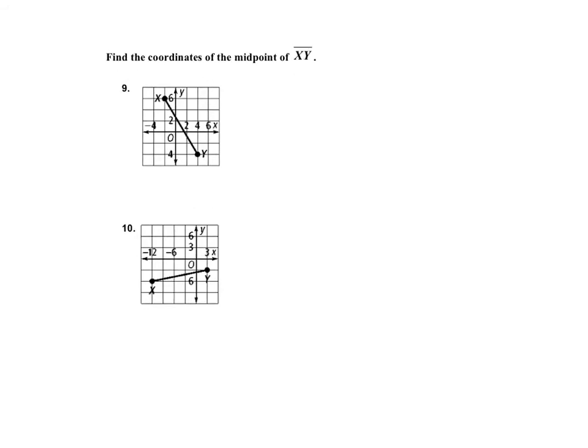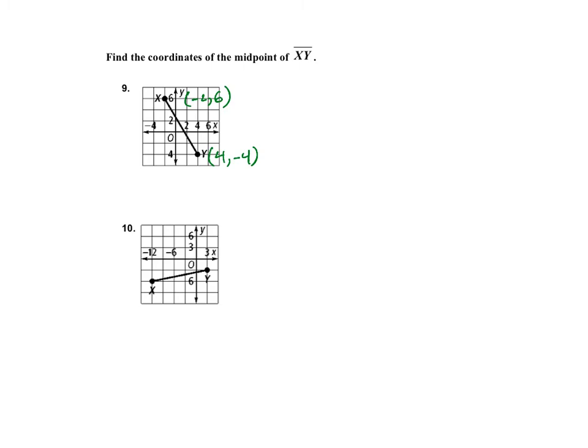So it says to find the coordinate of the midpoint of x and y. My first step, of course, is to identify the points. So this is point y, negative 4, 4, and x is negative 2, 6.